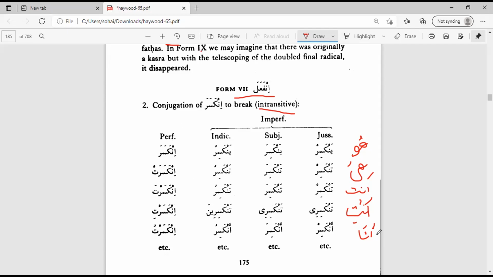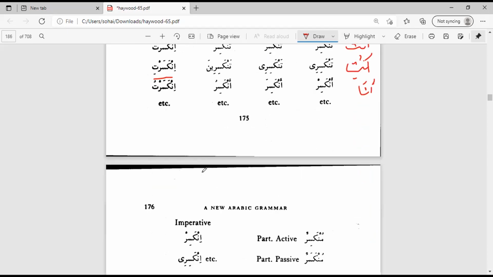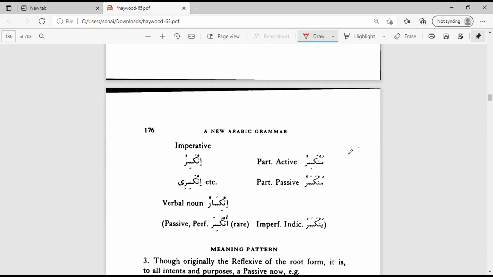It says ana inkasartu, anta inkasarta, antuma inkasartuma, antum inkasartum, anti inkasarti, and so forth. Huwa inkasara, huma inkasara, hum inkasaru, hiya inkasarat, huma inkasarata, and so forth.